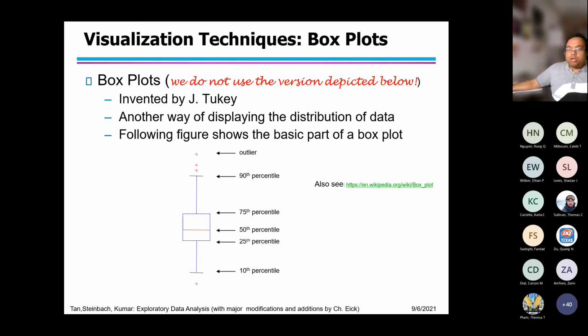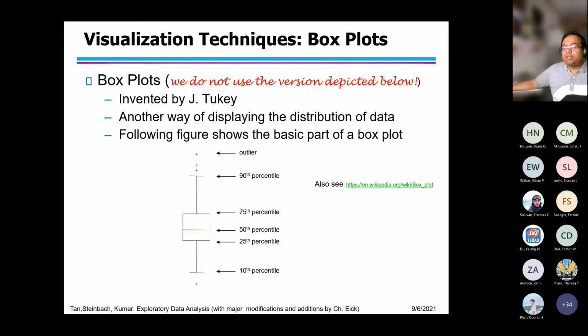So yeah, I talked about box plots before. Box plots are a far more useful interaction point for visualization of all kinds of attributes. In my opinion, much better compared to histograms. Okay, we don't use this particular variation of a box plot because we don't really stretch to the 90th percentile, right?